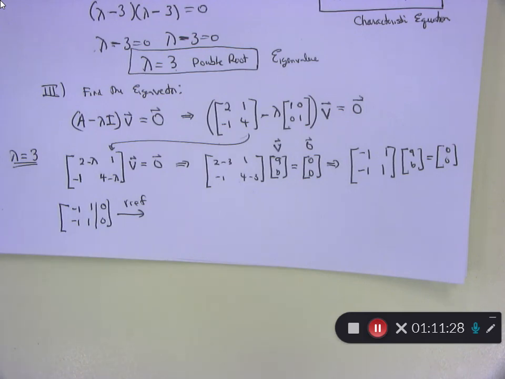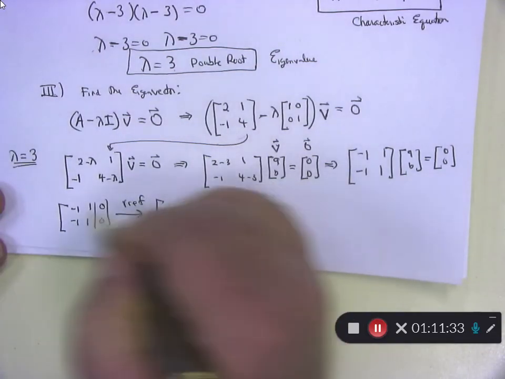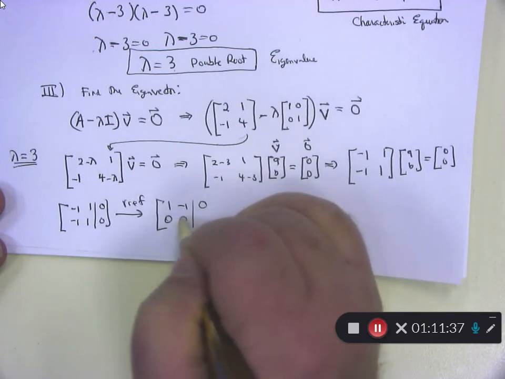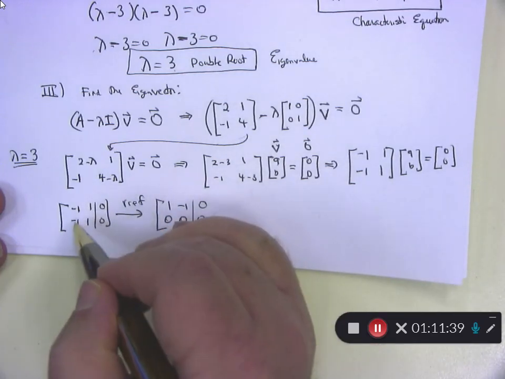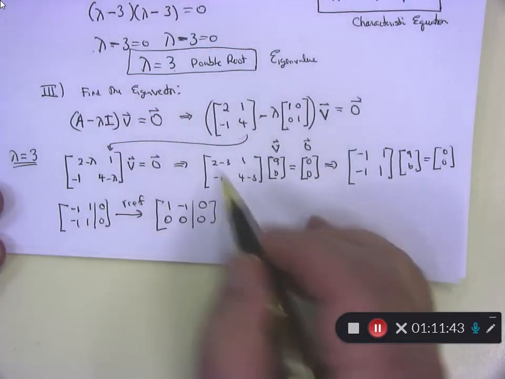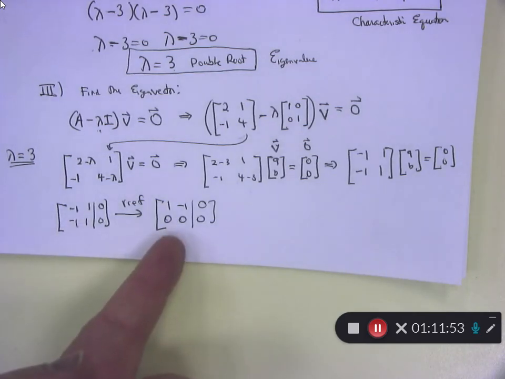You always get a row of zeros. When I do reduced echelon form on this guy, I would make that a pivot, make it 1, negative 1, augment with 0. But this would be 0. I'll multiply this one by negative 1, added to this one. Because they're the same thing, you're always going to get a row of zeros. Remember, this matrix has a determinant equal to 0, which means it's singular, it's non-invertible, so when you row reduce it, you always get a row of zeros.